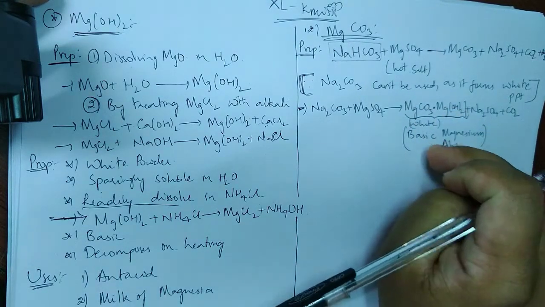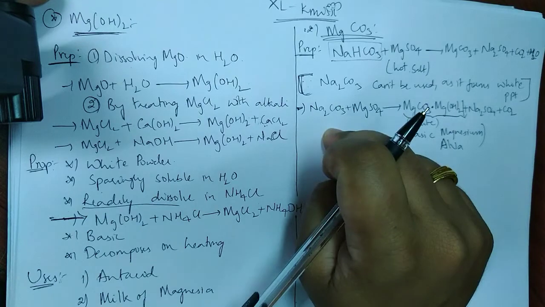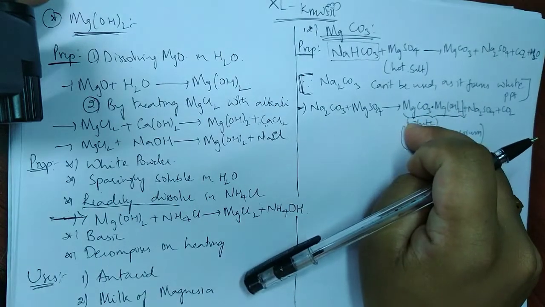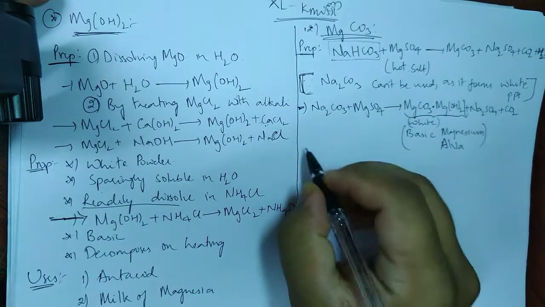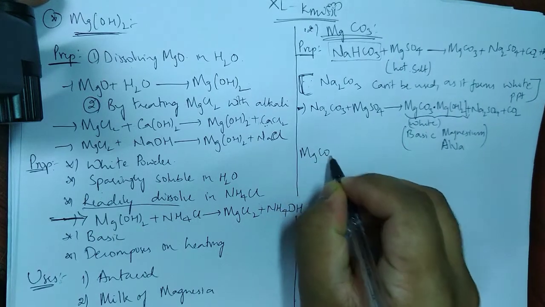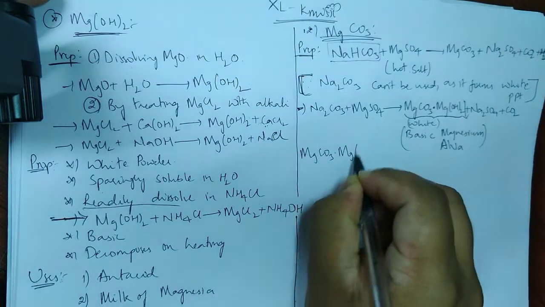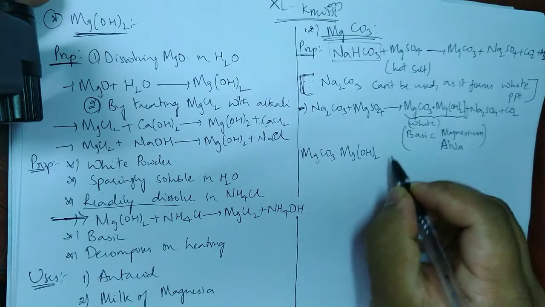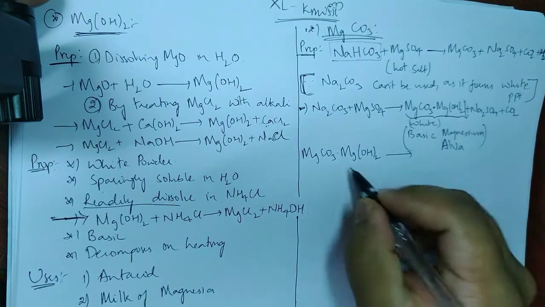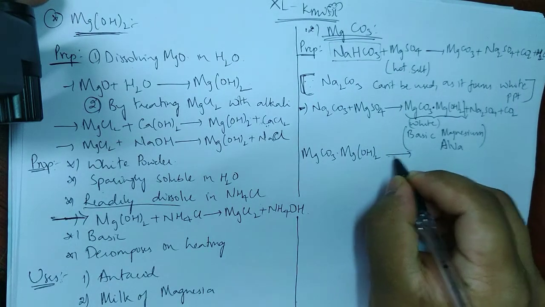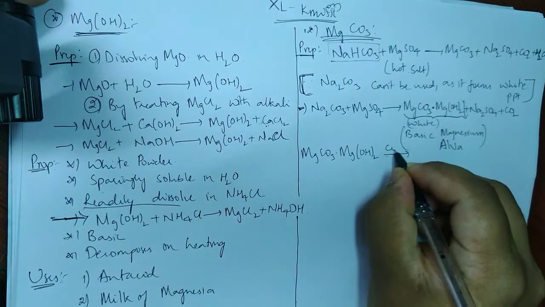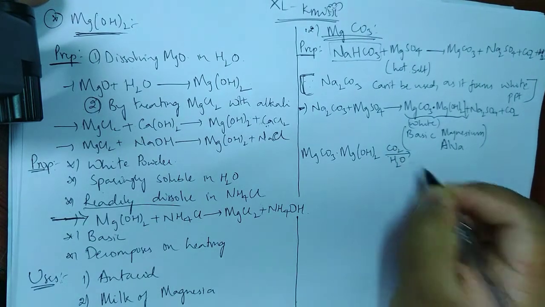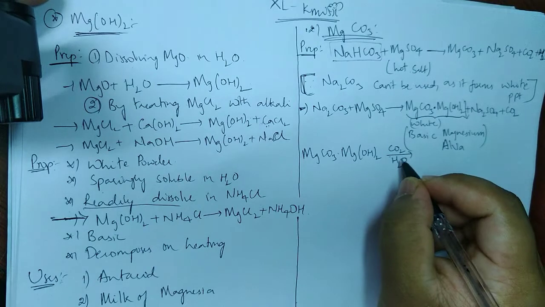So if I surely want to use sodium carbonate and still need to get magnesium carbonate, then I will further react this, that is MgCO3 dot Mg(OH)2, the basic magnesium carbonate, in the presence of carbon dioxide and water.